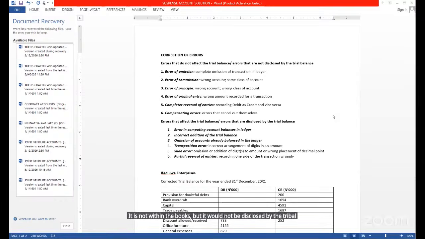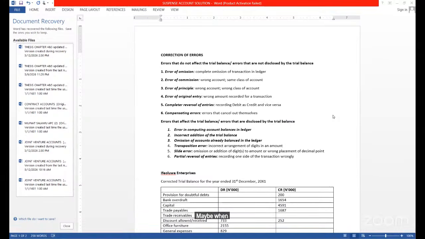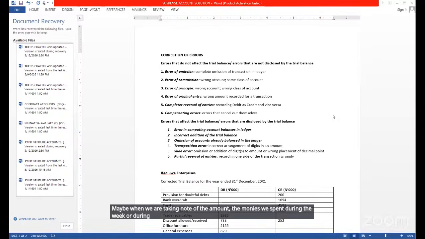It's when you start checking through, you say, oh, I didn't record the sale I made to Lagbaja and Tamedo last week. Oh, let me record it now. I don't know if it has happened to us before. Maybe when we are taking note of the monies we spent during the week or during the month, we realize, oh, I have some amount left with me, and start recording. I say, oh, maybe I didn't record something.